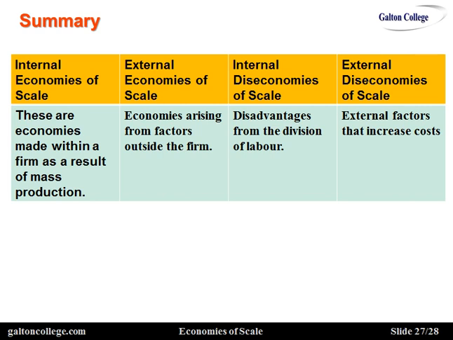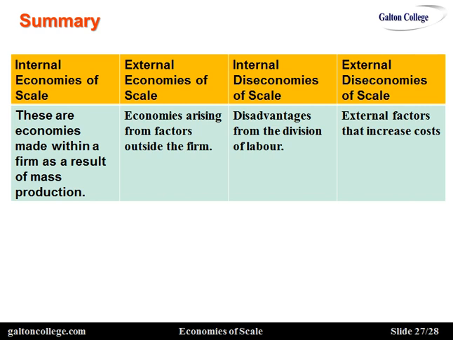And we also have the external factors that increase costs. As I said, the road networks may become congested, or it could be the case that the existing supply of labour becomes scarce, so that the company has to pay significantly more for labour and unit costs rise.